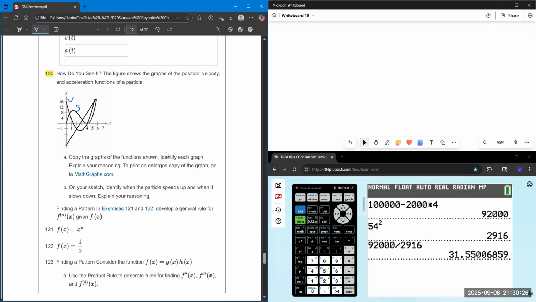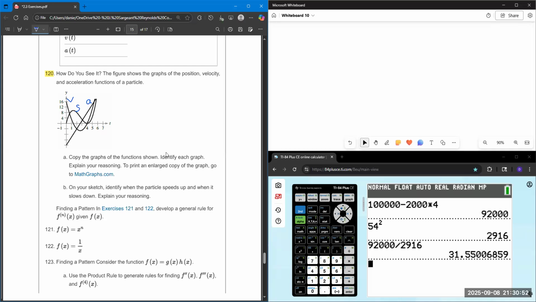And this linear equation is 1 degree less than that quadratic, so that will be my acceleration function that I'll call a. So we've labeled it: copy the graph function, identify each graph. That's what I've done, s, v, and a, and explain your reasoning. It has to do with the degree of each one: this is degree 3, degree 2, degree 1.